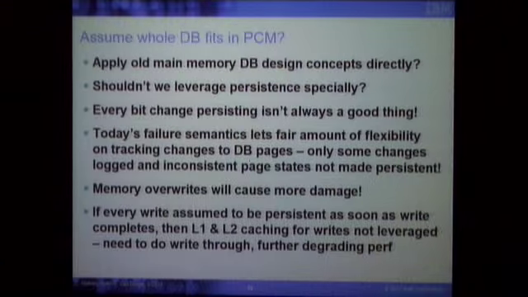Then the other thing that many people have talked about or very casually referred to in this context is, oh, since the whole database is persistent, I don't need to do the traditional logging that DBMSs have been doing forever. Some of these people think that in a transactional system it's an all or nothing property, that a transaction commits or a transaction aborts and end of story. That's not quite true.